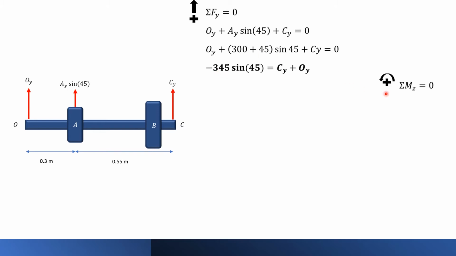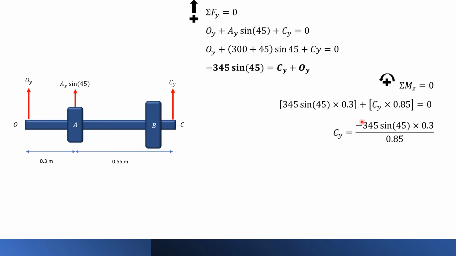Now we work with the moment about the z direction. Moment is the force multiplied by the distance. Here, the force AY sin 45 is multiplied by 0.3 meter, and the force CY is multiplied by 0.3 plus 0.55, which is 0.85, and it is equal to 0.